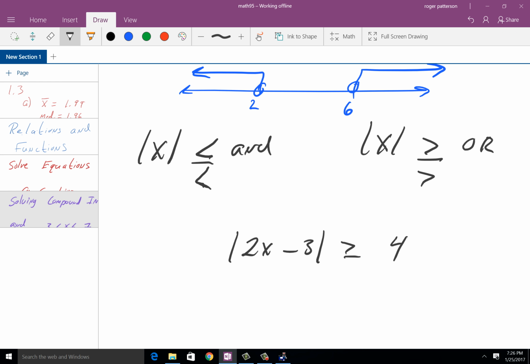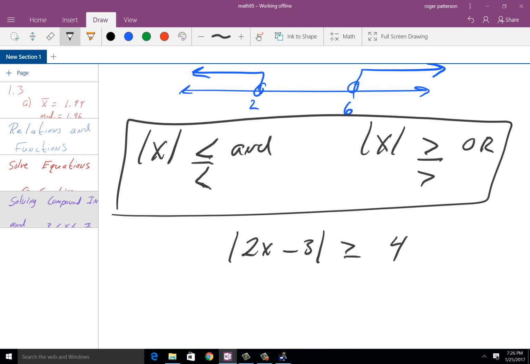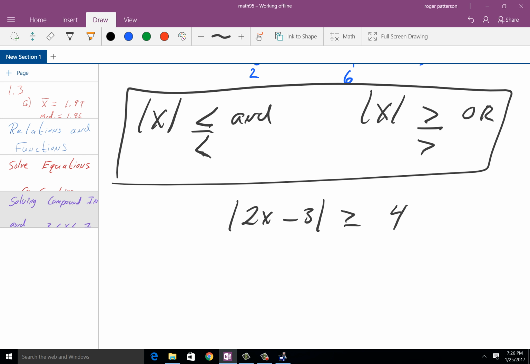Or negative 1/2 there. Okay. So all these, you just gotta look at them and decide what they are and then work them out. Okay.